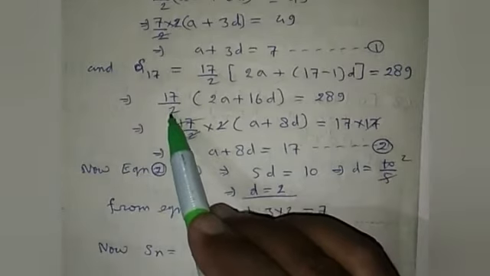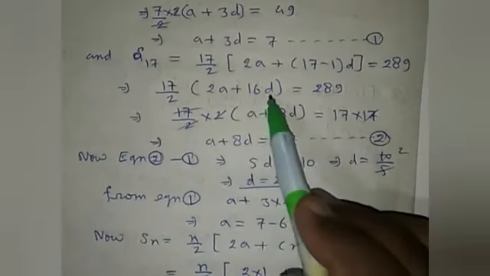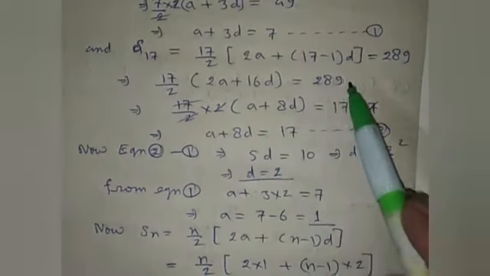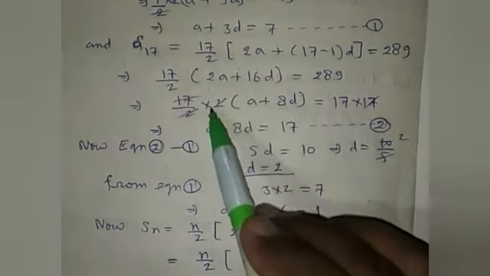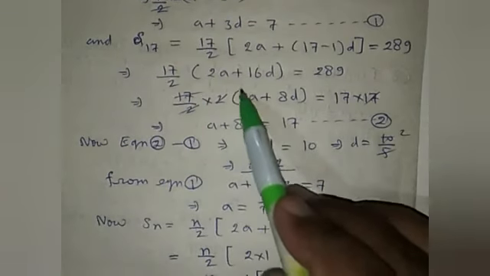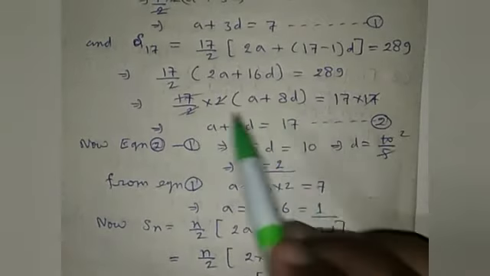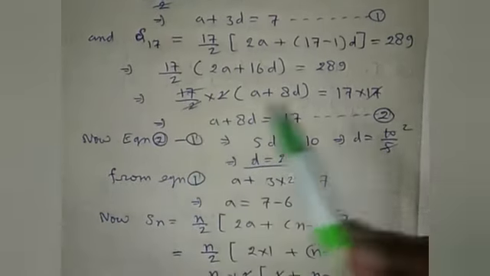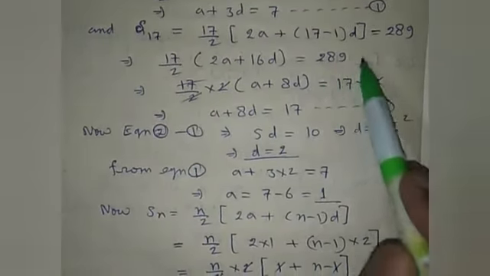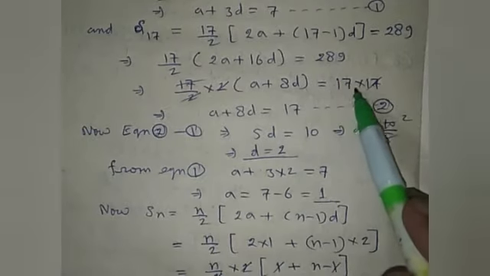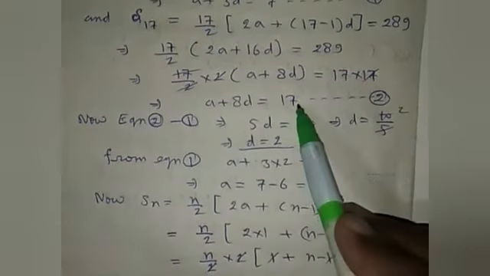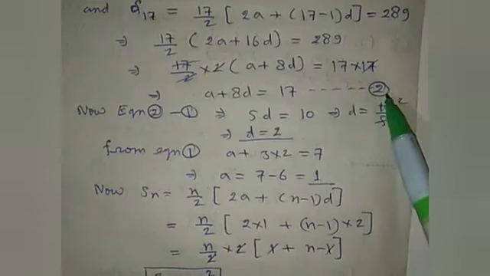So here 17 divided by 2 into bracket 2A plus 16D equal to 289. So here taking 2 as common, you will get into bracket A plus 8D, 2 is cancelled out and 289 divided by 17 will give only 17. So here A plus 8D is equal to 17. It is the equation number 2.